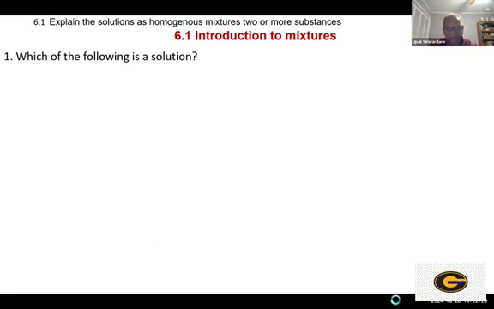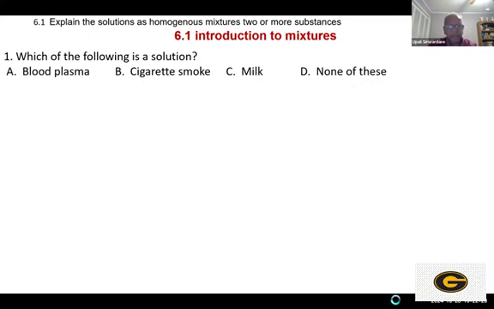Let's answer a few questions to solidify what we learned. Which of the following is a solution? Blood plasma, cigarette smoke, milk. Blood plasma has large platelets.